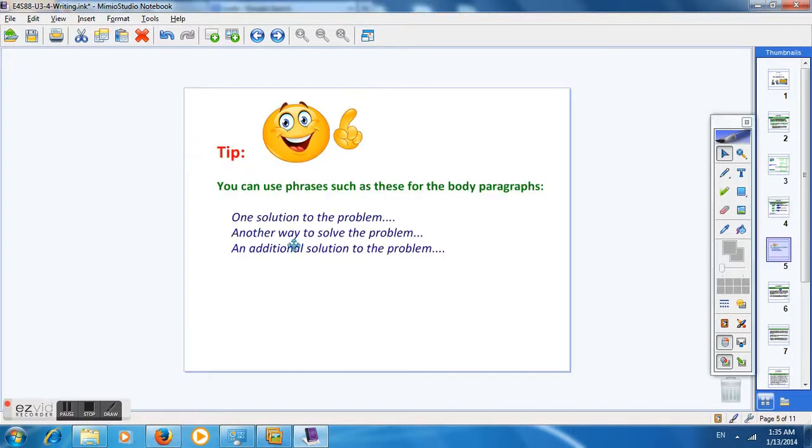You can also have different keywords, okay? You can use phrases such as these for body paragraphs, like one solution to the problem. So that will be in your first paragraph. Then you can write another way to solve the problem and an additional solution to the problem.